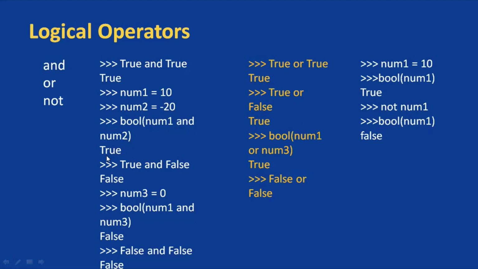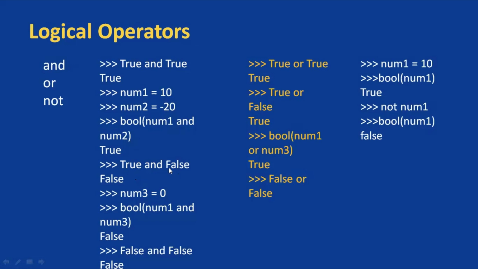So that means it is true. If one value is true and another value is false, then basically you should remember in your mind that it is logically multiplying.